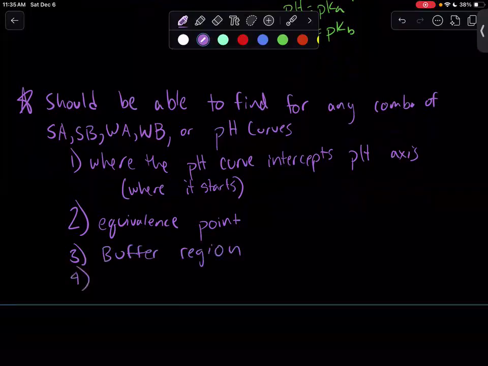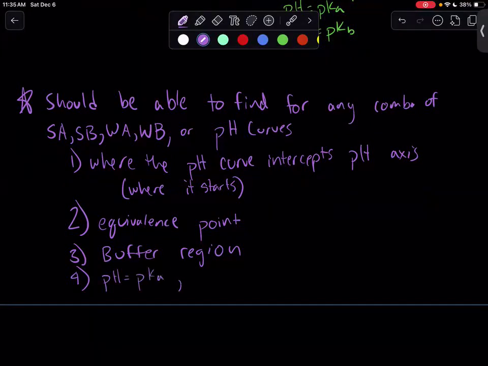And finally, number 4, you need to be able to identify where pH equals pKa or pOH equals pKb, which is also the half equivalence point. Now, the half equivalence point, once again, only happens in a buffer region. So you need to have that previous point on this list.